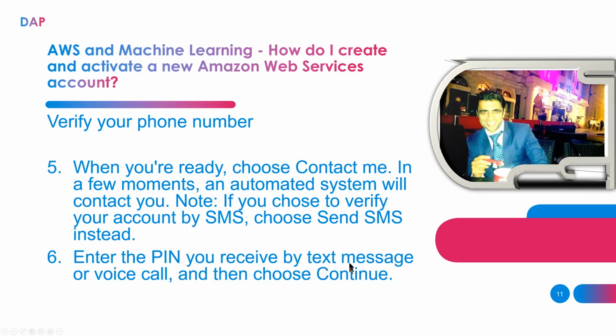So you will receive a text message, and if you have chosen voice call, then you will receive a voice call, and then you need to choose continue. They will give you a code, or a PIN, that you need to proceed in creating the account.